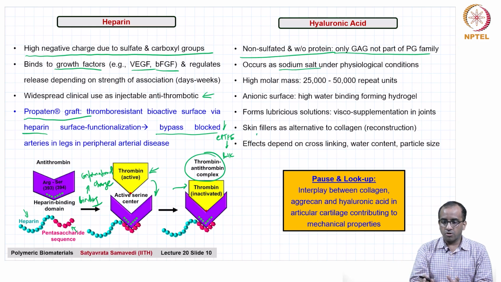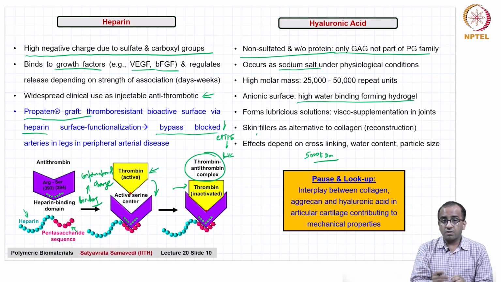So it may also be called sodium hyaluronate, and it is characterized by an extremely large molar mass. So you can reach something like 5,000 kilodaltons perhaps, which is huge with hyaluronic acid.